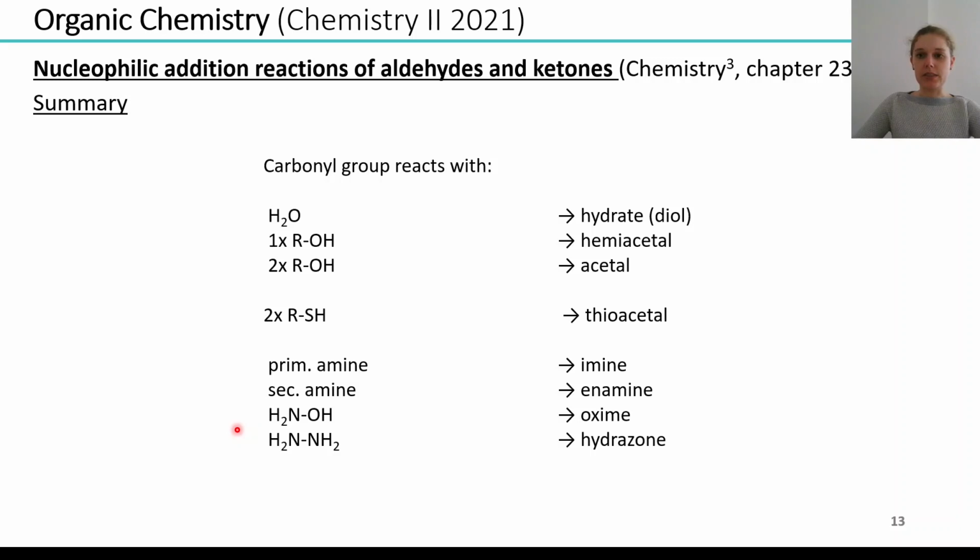Moreover, we learned that the addition of hydroxylamine yields oximes, and the addition of hydrazine forms hydrazones. So, to sum it up, we learned that aldehydes and ketones react not only with oxygen nucleophiles, but also with sulfur and nitrogen nucleophiles in so-called nucleophilic addition reactions.